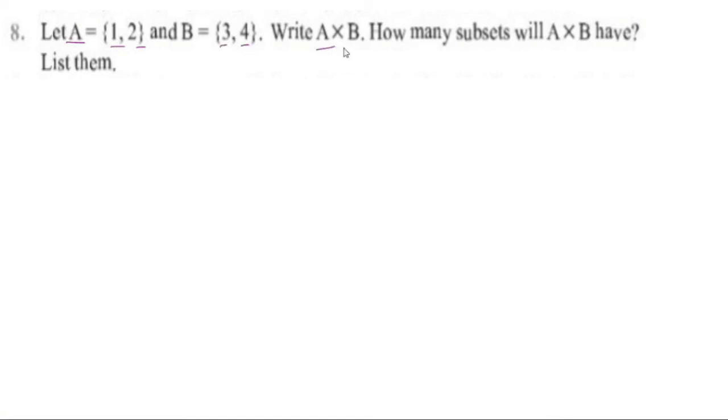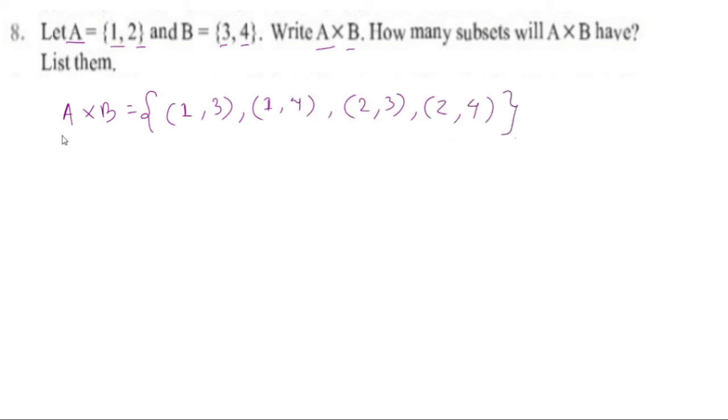We have to write A cross B and find out how many subsets are there in A cross B. Here A cross B will be, we have to pair every element of A and B, where the first element must be from A and the second element must be from set B. This will be my A cross B, and you can see here there are 4 elements in A cross B.